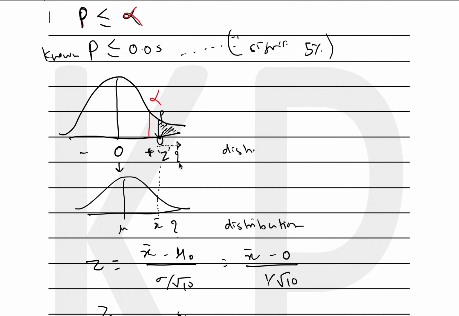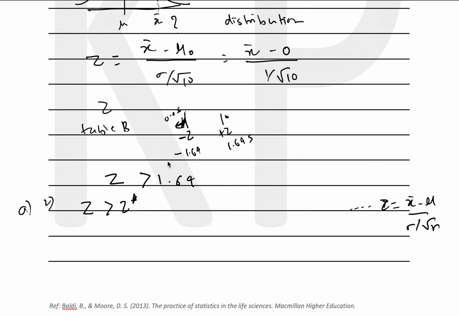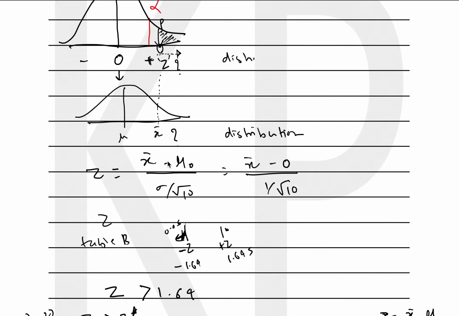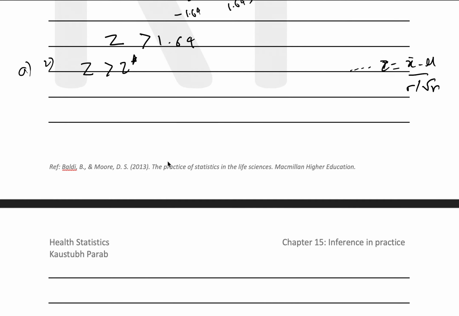for the null hypothesis, our z is going to be x bar minus 0, because mu is 0 in the null, upon 1 over square root of 10. So that has to be greater than this particular z star, that's the cutoff value, 1.645.